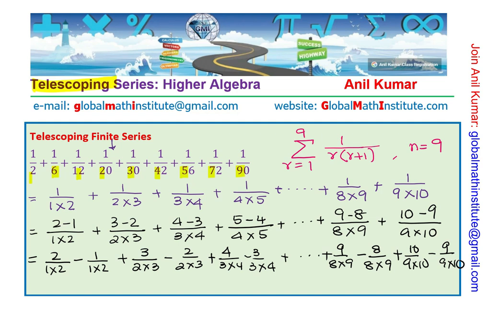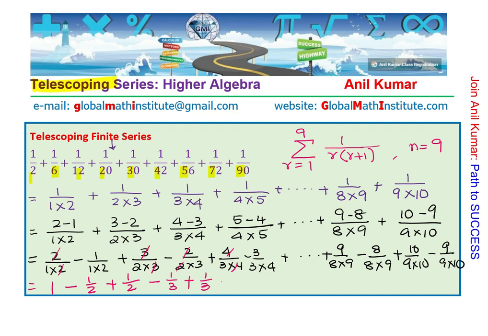Now you can simplify. You get 1 here, 2 and 2 cancel, minus 1 over 2. Plus 1 over 2, as 3 and 3 cancel, minus 2 and 2 cancel, 1 over 3, plus 4 and 4 cancel, you get 1 over 3, minus 3 and 3 cancel, 1 over 4. Do you see how the series is growing?